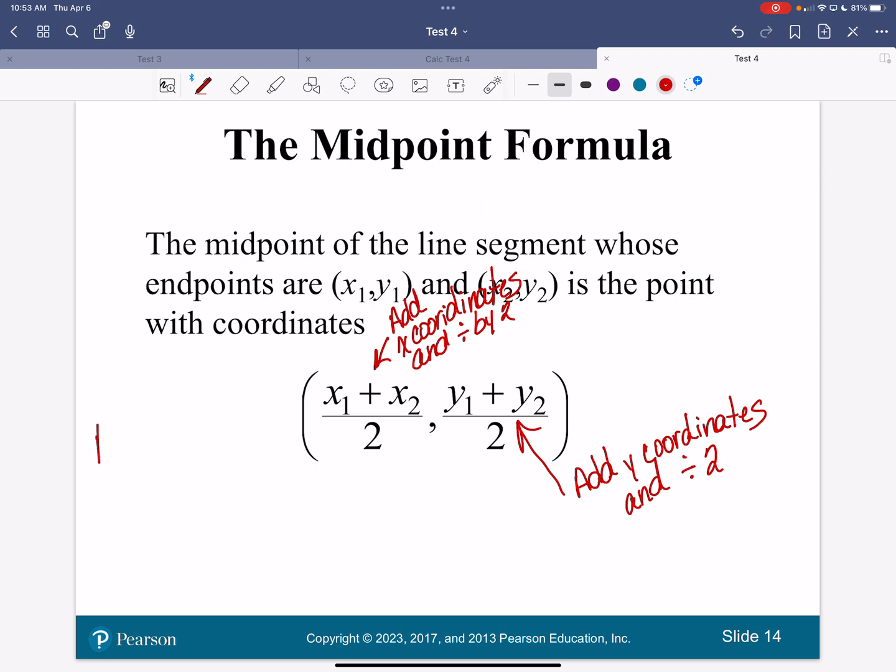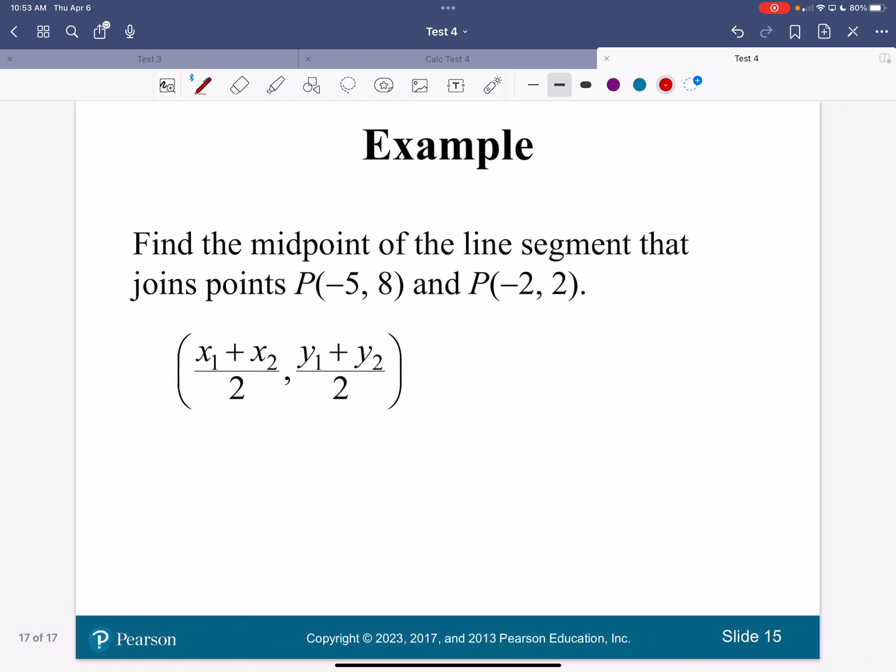It's important to realize that your answer is an ordered pair. Okay, so x sub 1 plus x sub 2 divided by 2, y sub 1 plus y sub 2 divided by 2.